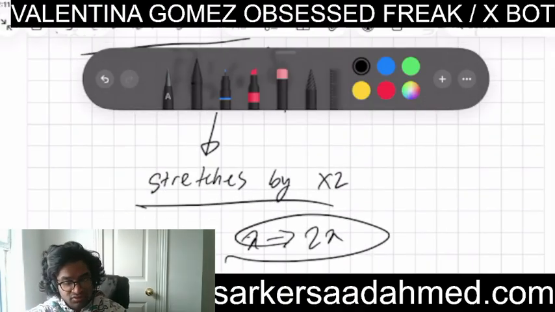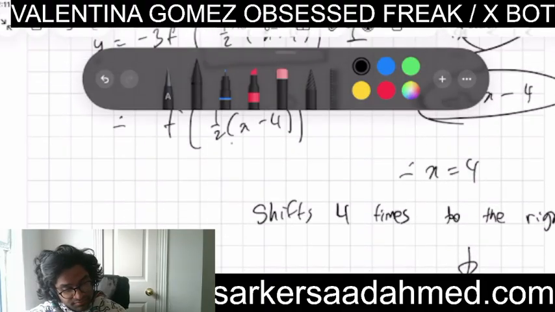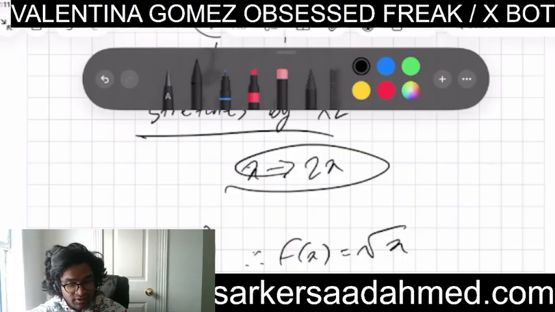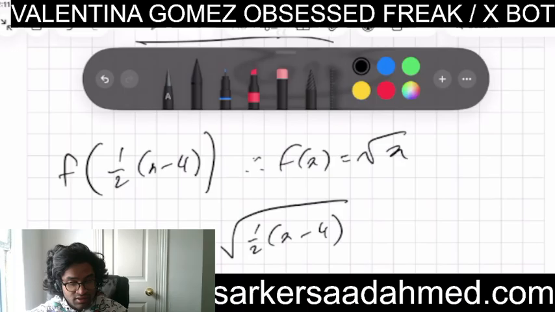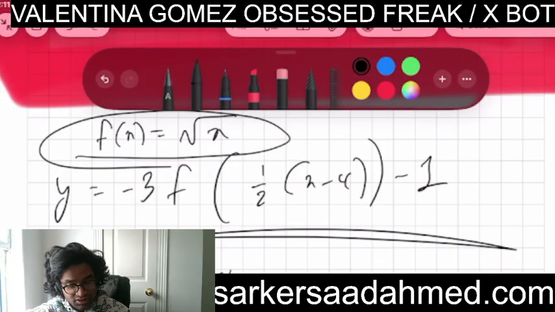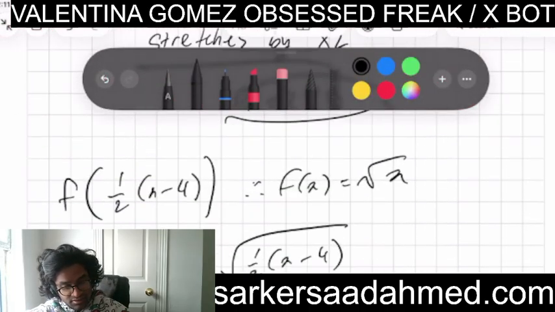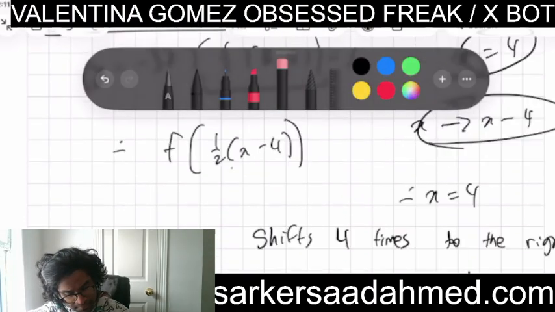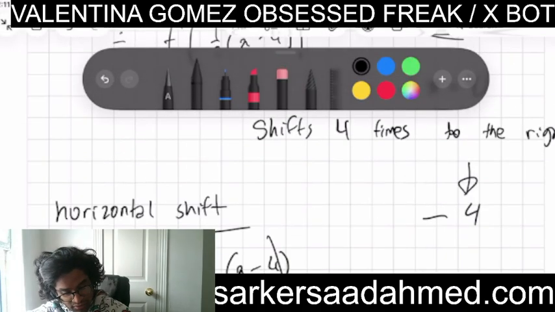Now apply the function. So if I have f of half x minus 4, and I know that f of x is root x, then I'm going to have root of half x minus 4. And what was my general equation? So we got the inner shift, we got the horizontal shift.